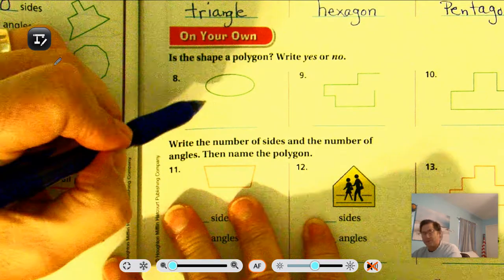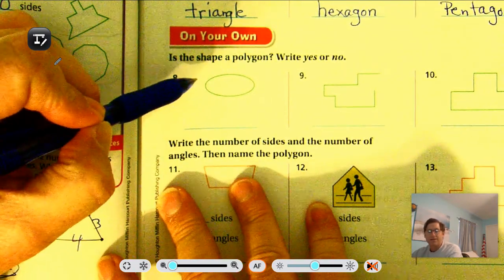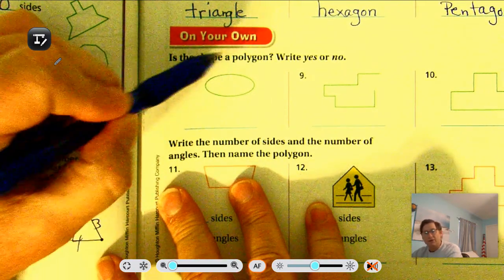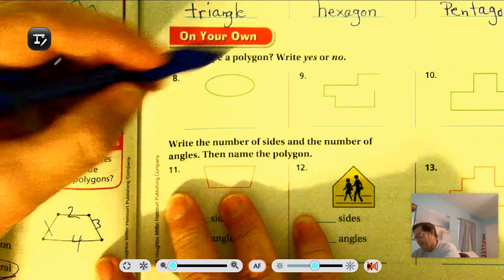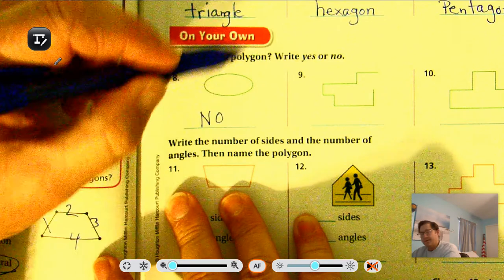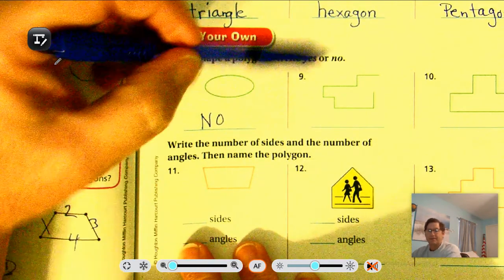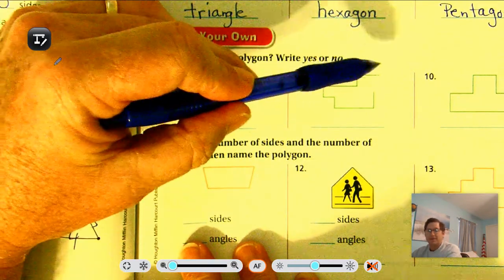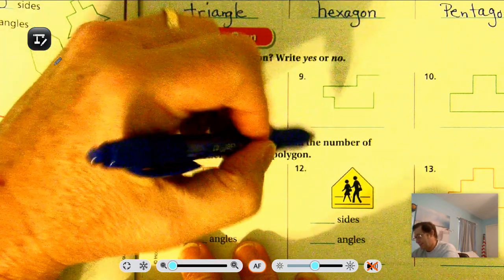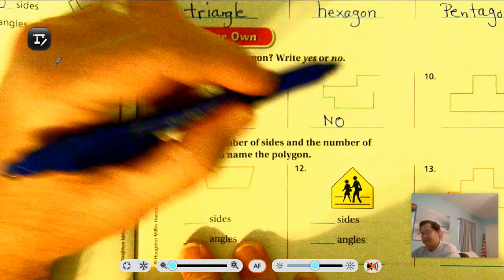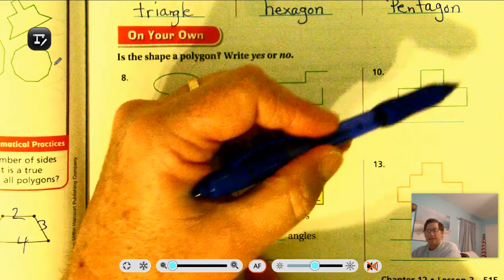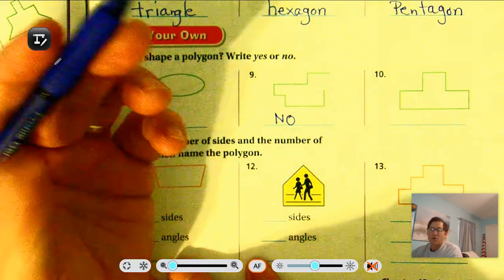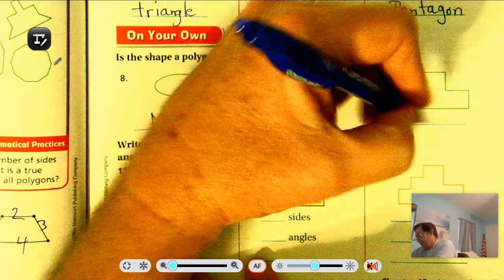Don't get tricked. It is a plane shape and it is closed, but it has curved paths. Polygons cannot have curved paths. No. Number 9 is not a polygon because it has an open space. Number 10. I see that it's closed, it's a plane shape, and it has no curved paths. So yes, it's a polygon.